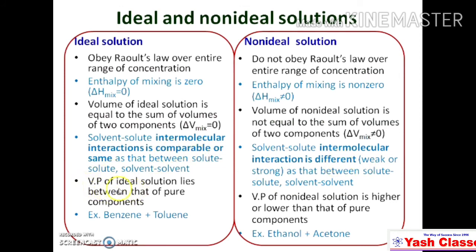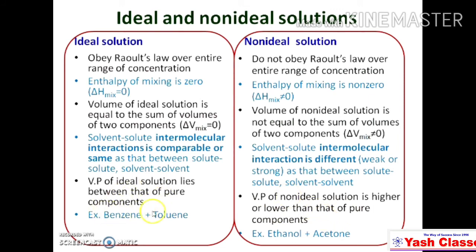Now the fourth difference: the vapor pressure of an ideal solution lies between that of the pure components, that is solvent and solute. This point I already explained earlier at the time of explaining Raoult's law. And in case of a non-ideal solution, the vapor pressure may be higher or lower than that of the pure components, that is solute and solvent.